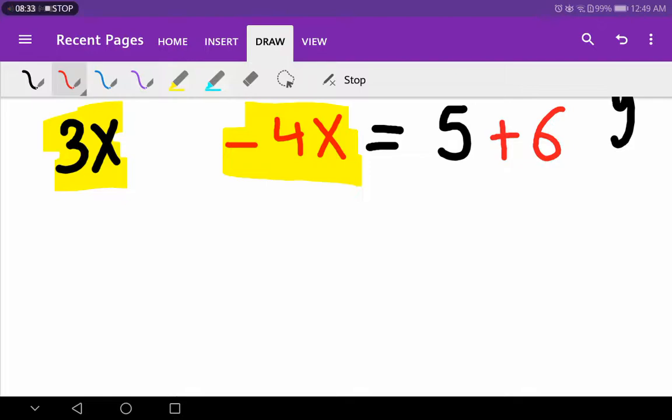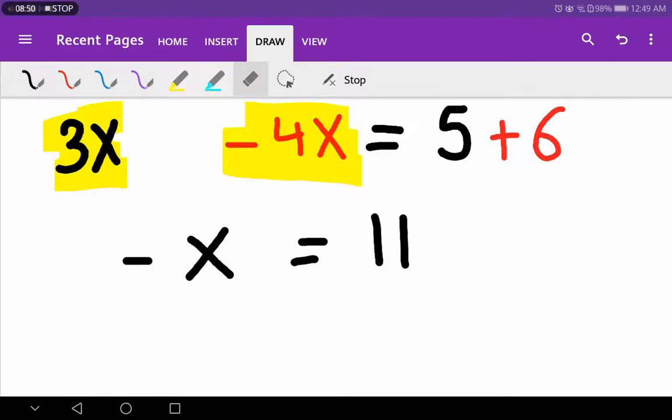With 3 in my pocket and 4 for the grocery guy, it is negative x, or 1x, equal 11. Okay, my dear student, and that means x equals negative 11.